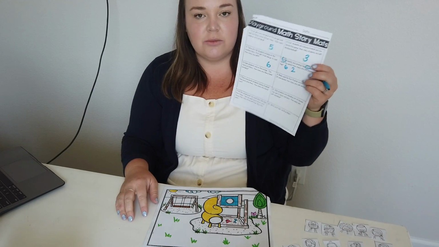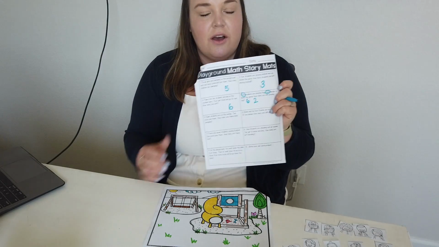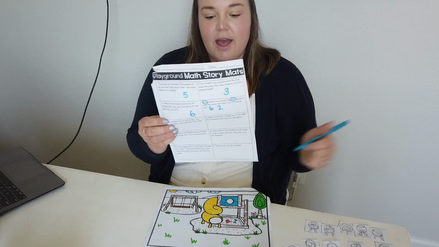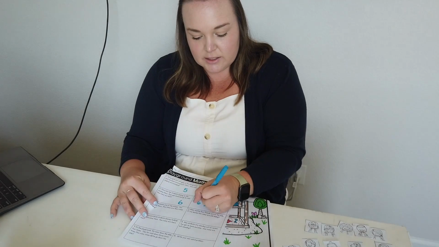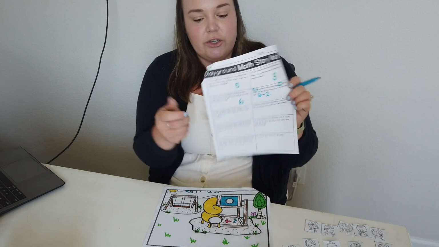Is it an addition or subtraction problem? Let's read it. 2 decide to leave. Okay, so are 2 coming or are 2 leaving? So they're leaving, and then it says how many are left. So that's what's going to give me the definite clue of this is a subtraction problem. So what I have now is 6 minus 2 equals, well, let's find out.